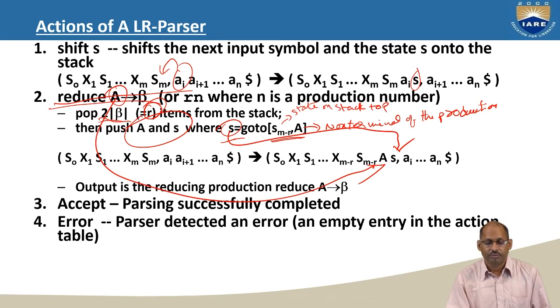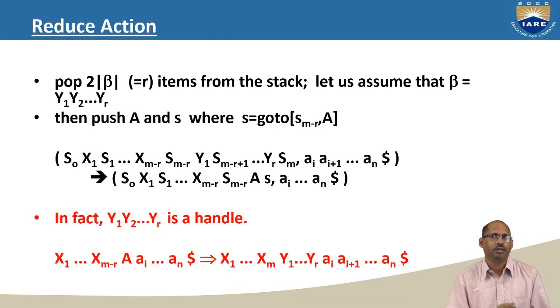Here, another two actions are simply accept and error. Here the reduce action we are explaining once again. So the length of beta, double the number of elements in the length of beta, will be popped from the stack, right?